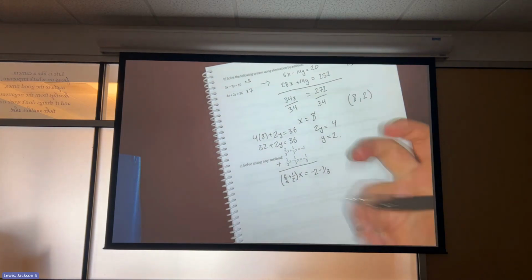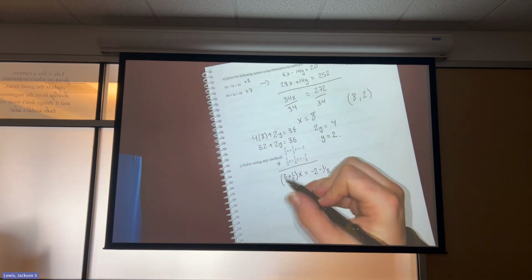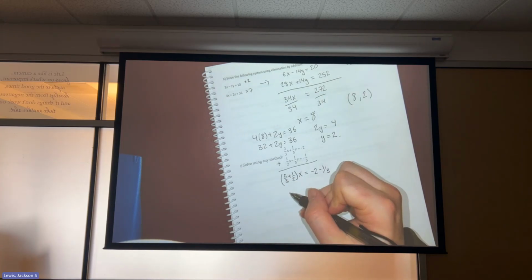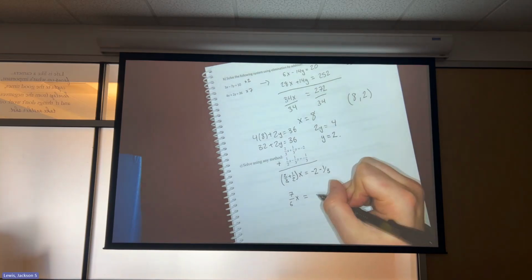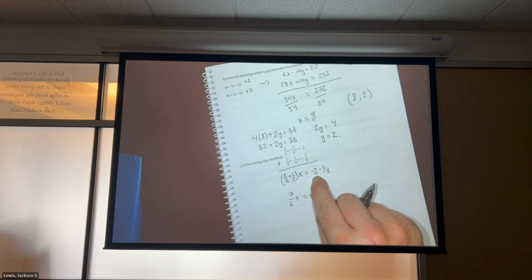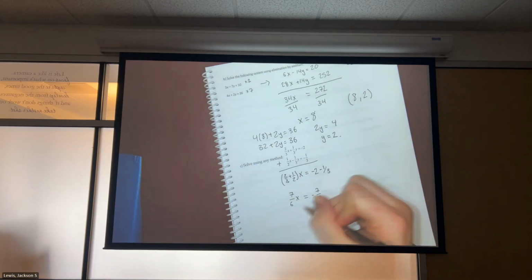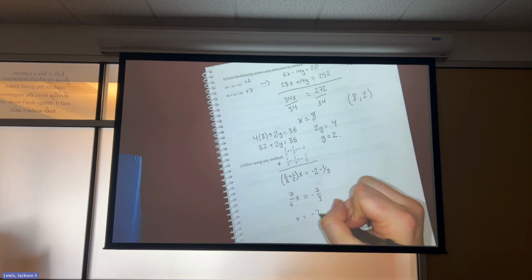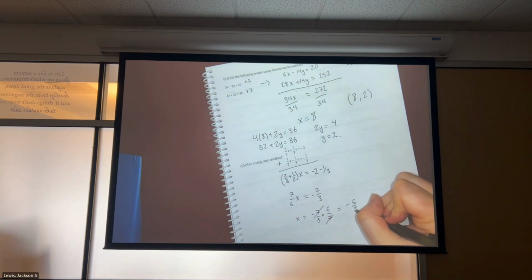I can then just do addition of fractions. So this is 4/6 plus 3/6, which is 7/6 x equals negative 6/3 minus 1/3, so negative 7/3. So x equals negative 7/3 times 6/7. The 7's cancel, so I get negative 6/3, which is negative 2.